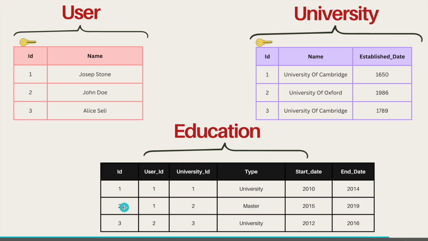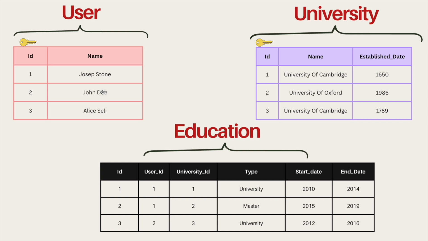If we have a look at the second row, we see the same user, which is user 1, but with a second university and a different kind of type. The start and end dates here represent that. And by the way, one user can have multiple rows in the education table. That is why these kinds of relationships give us flexibility and data consistency also.